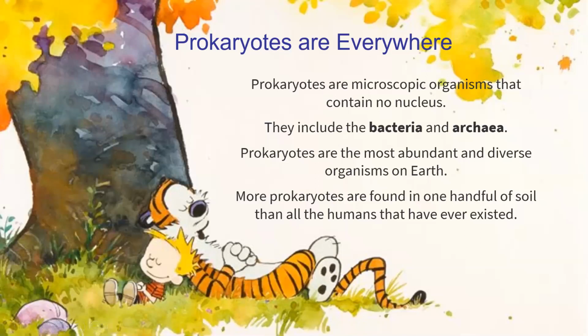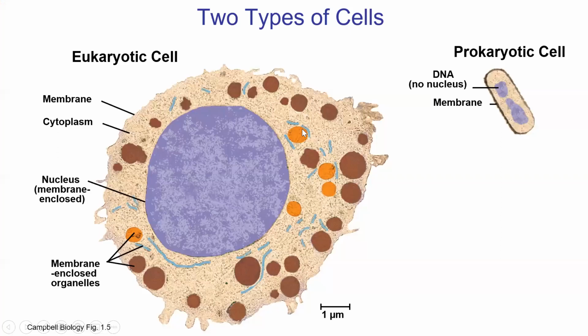So what are prokaryotes? Prokaryotes are, of course, organisms that contain no nucleus, and they contain the two domains, the bacteria and the archaea. And I want to talk about the archaea here in a moment. They are the most abundant and diverse organisms on the planet, and there's a lot of them out there. So interesting little facts for you.